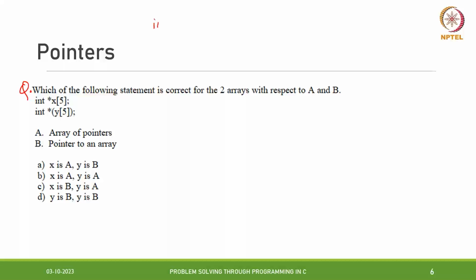So if you want to define a pointer, you define it like this, int star ptr. That means you are defining a pointer pointing to nowhere currently, because I have not set where it is pointing to, but this is the declaration of a pointer variable of integer type.